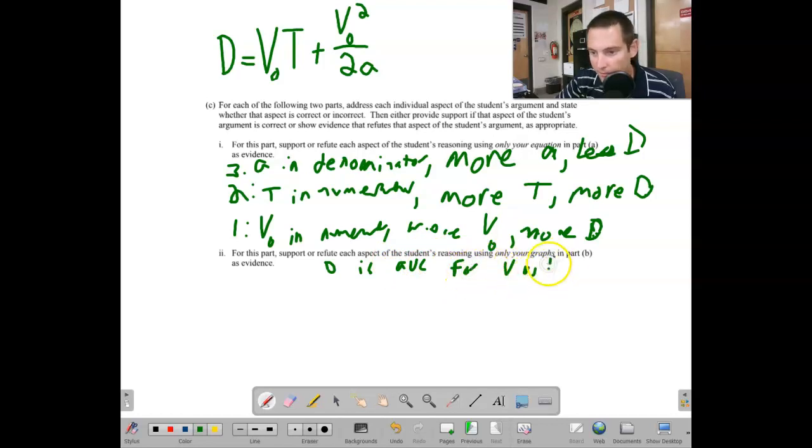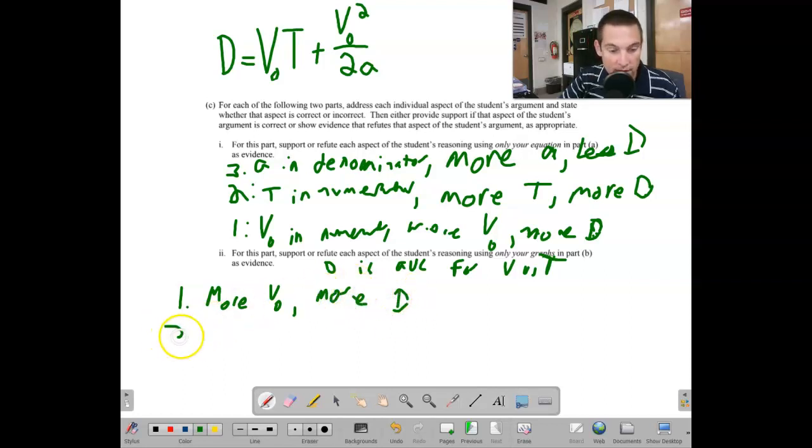So in graph 1, there is definitely more area than 0. So more starting speed, the greater the distance. More V naught, more D.